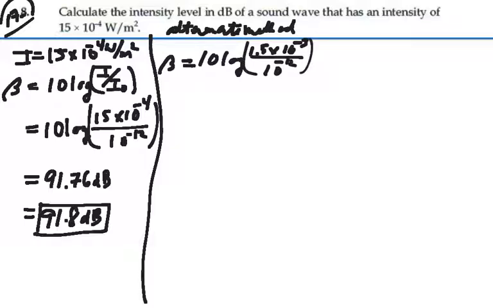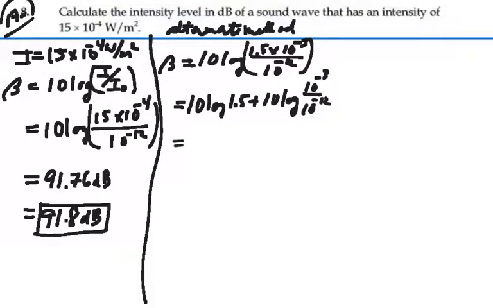And because you can separate logs from their products, this is going to be 10 times the log of 1.5 plus 10 times the log of 10 to the minus 3 over 10 to the minus 12.